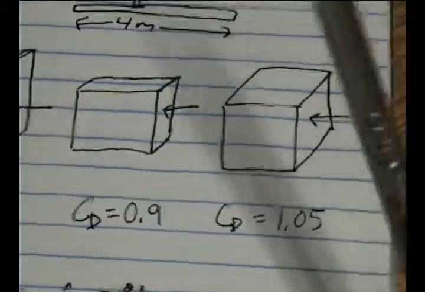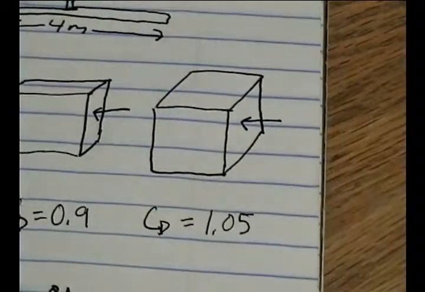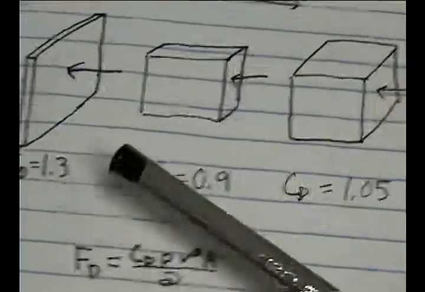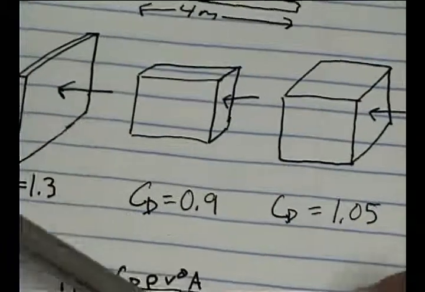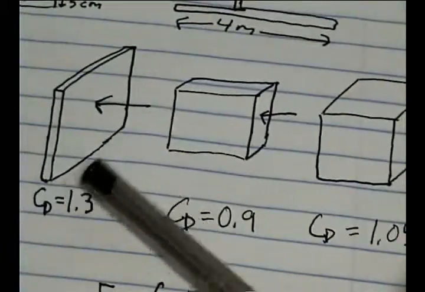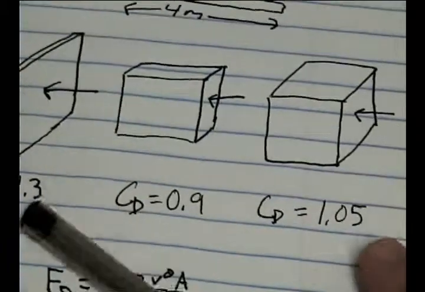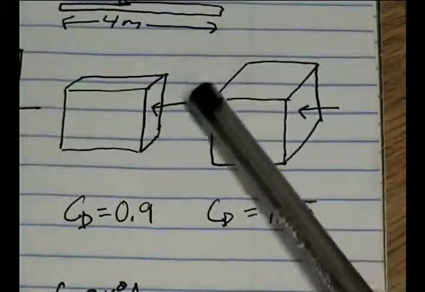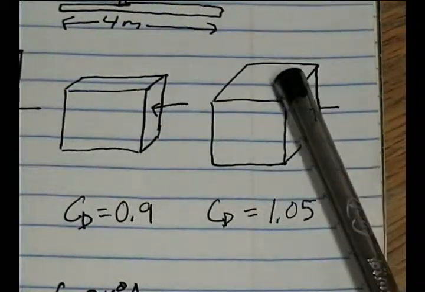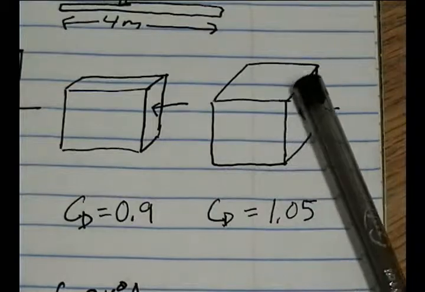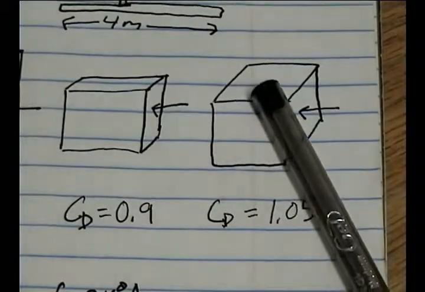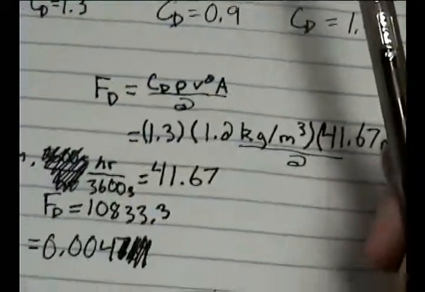So really, the best billboard would be a cube, because while it's going to be higher than this billboard, it's going to be lower in coefficient of drag than this. However, that's pretty unreasonable for making billboards, given that you're going to have to use much more material to make it.